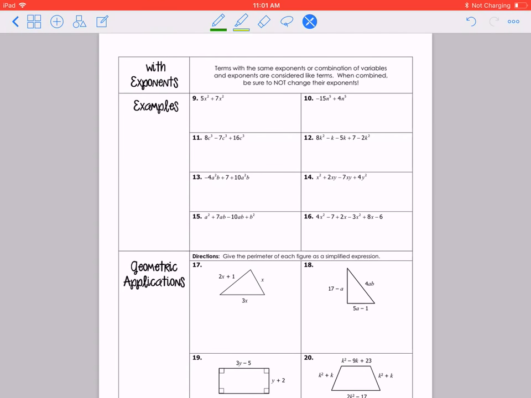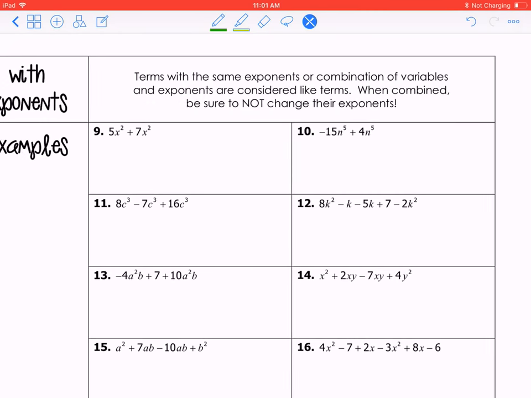We have more examples. So let's go ahead and jump to number 9 because now we have exponents. So terms with the same exponents or combinations of variables and exponents are considered like terms. So when you combine your like terms and they have exponents, do not change their exponents.